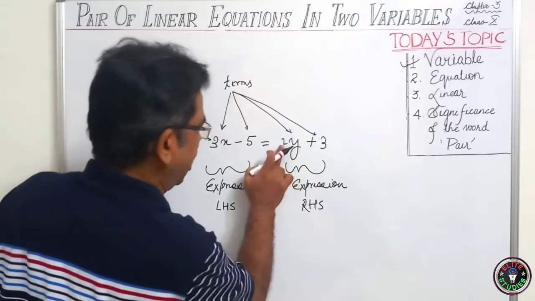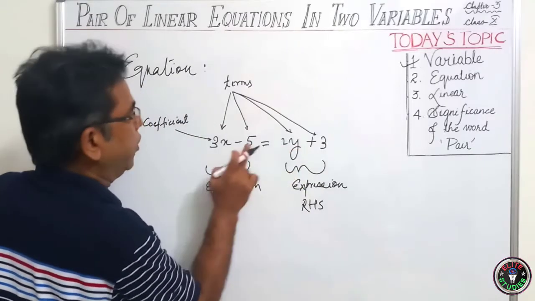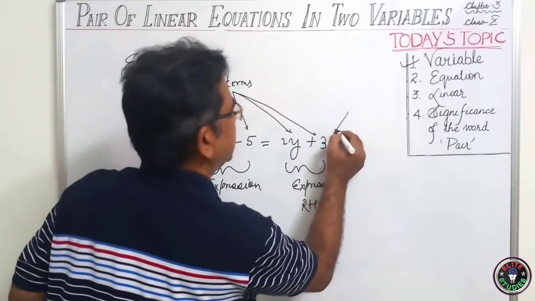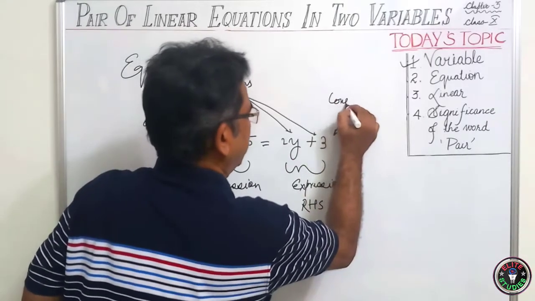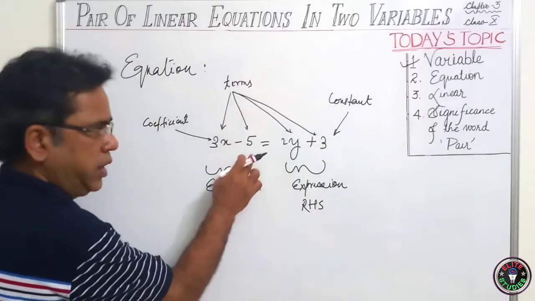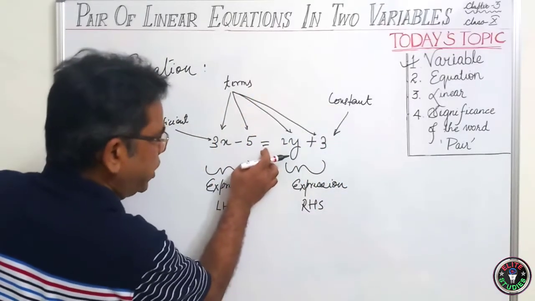Similarly, in this expression, 2 is the coefficient of y, whereas 5 and 3, they are the constant terms. See, minus 5 is the constant term. And this is the equal to sign.